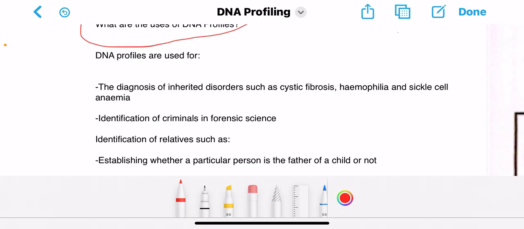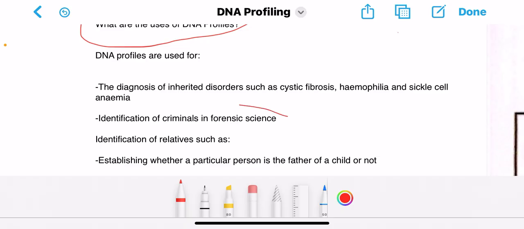When they take your blood test, they are going to check where you inherited the disease, whether it just developed within you or whether you got it from your mother, your father, or your grandmother. Because our grandmothers pass the genes to our mothers, and our mothers pass the genes to us. So they are going to check for that.